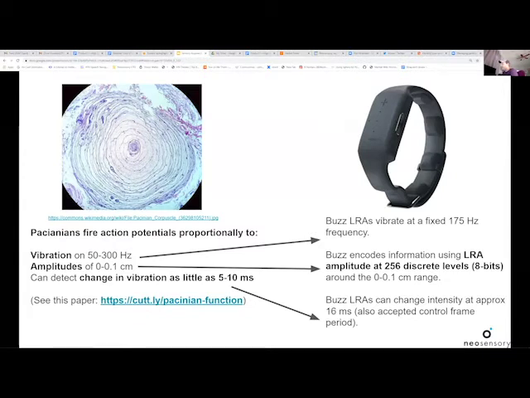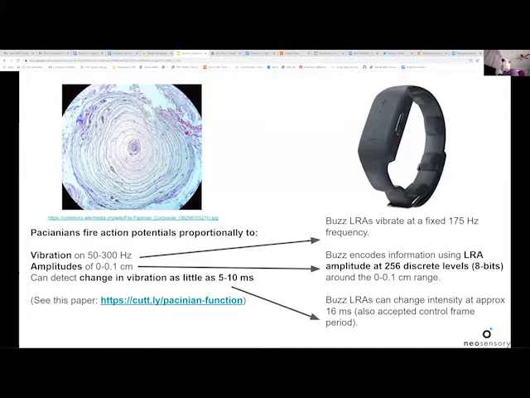And so the Buzz LRAs themselves happen to be the bottleneck here in terms of how fast you can convey information, but they can change intensity at approximately, let's say, 16 milliseconds. If you try to change the amplitude more quickly than that, they basically can't respond fast enough, and that information you're trying to pass through will be thrown out or averaged out.